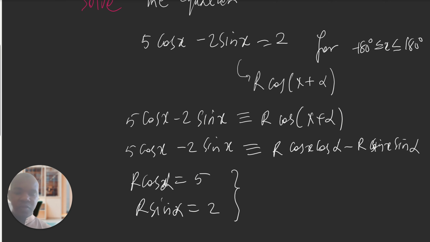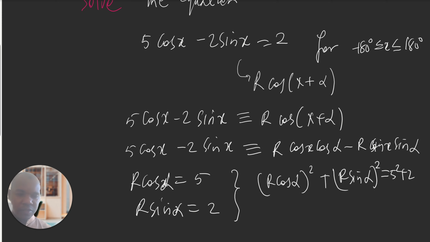From these two, when you square them, r cosine alpha square plus r sine alpha square is going to be 5 square plus 2 square. So r will be the square root of 25 plus 4, and that is square root of 29.